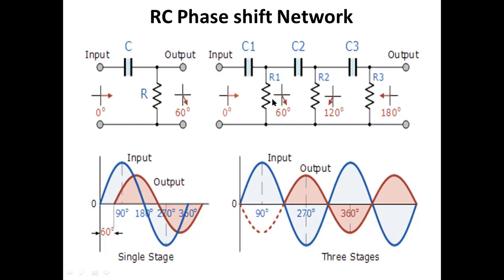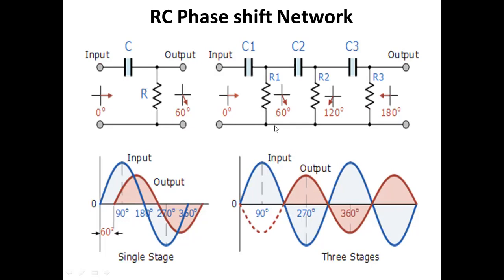Each RC network provides a phase shift of precisely 60 degrees, so as three networks are cascaded, the total phase shift between input and output becomes 180 degrees. Three RC networks provide a phase shift of 60 degrees each.